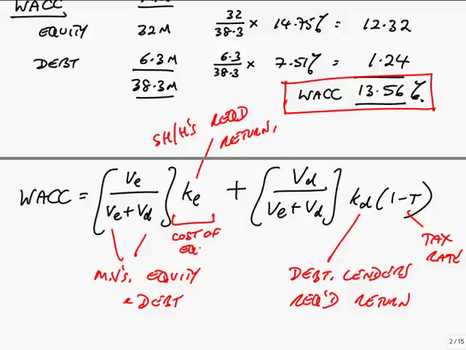Well, no problem. The cost of equity is shareholders' required return, KE. The two are the same. Plus, the weighting for the debt, VD over VE plus VD, times, well, what it should be is the cost of debt.